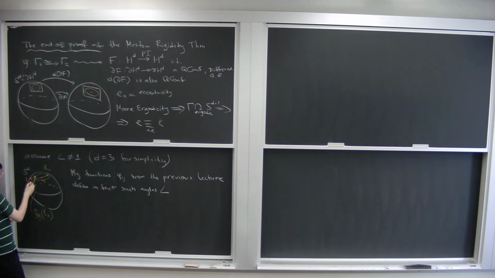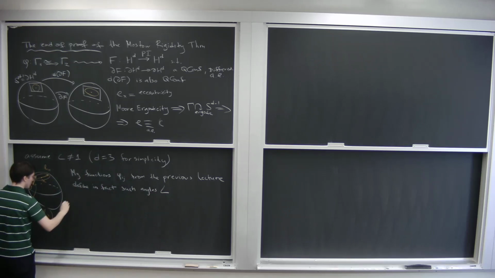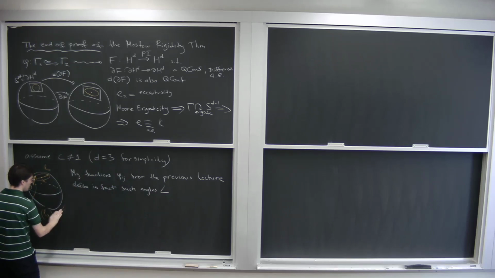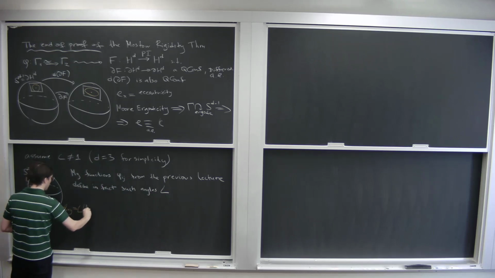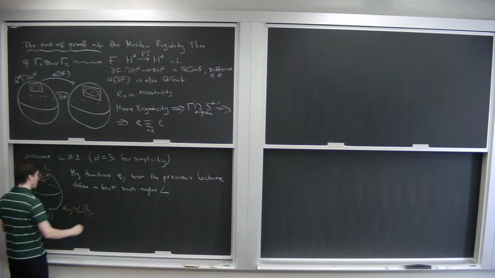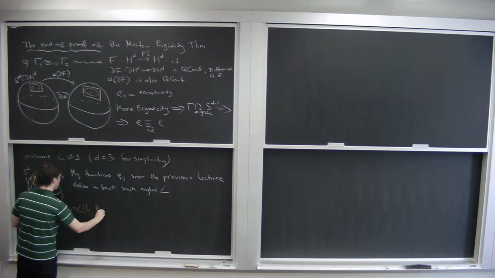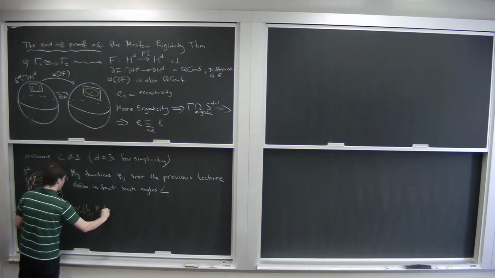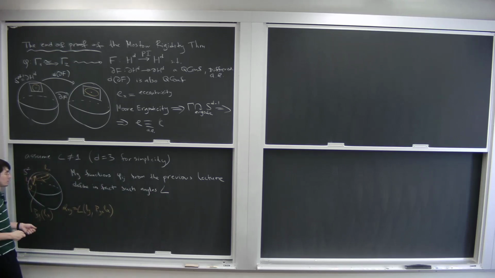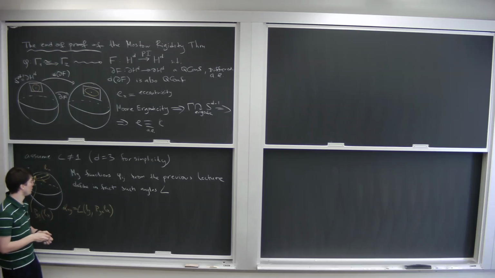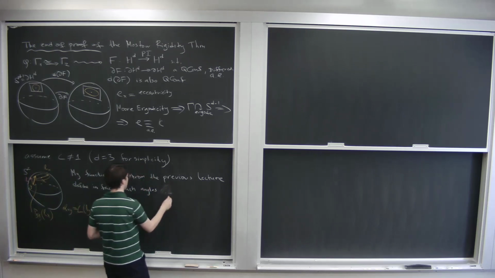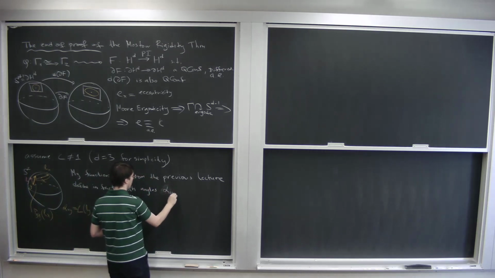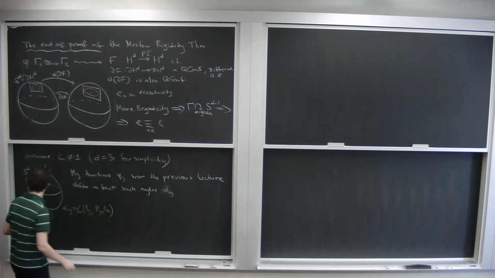I can say that the angle alpha_XY is the angle between L_Y and the image of L_X under this parallel transport. So they in fact define such angles, and I will write alpha_ij.